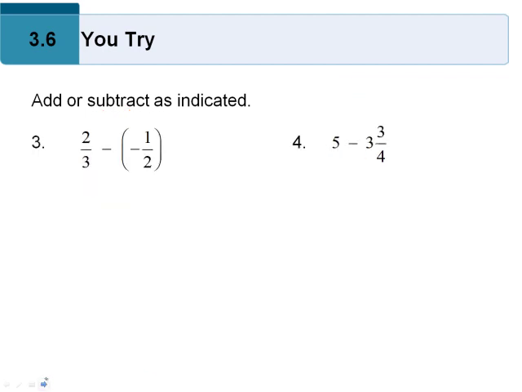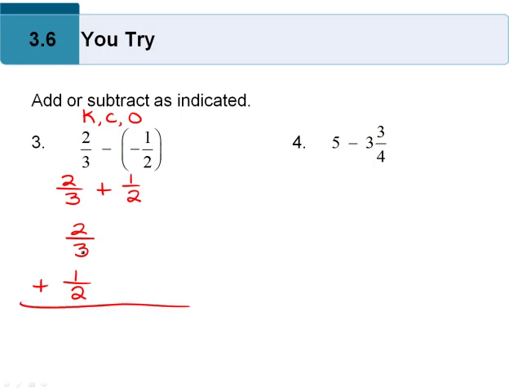All right, so here we have 2/3 minus negative 1/2. So the first thing again, keep, change, opposite. So 2/3 stays the same, change it to addition, and the opposite of a negative is a positive. So we just have two positive fractions, 2/3 plus 1/2.